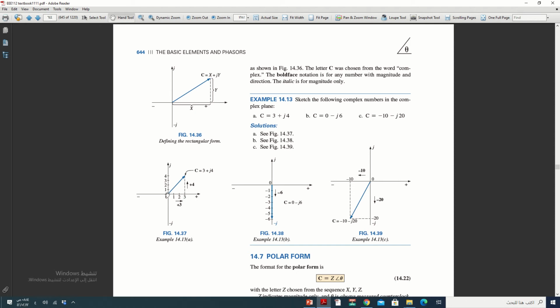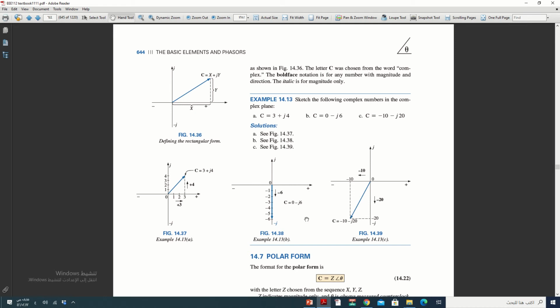Draw from the 0 until you reach the end point of this vector. Similar here, minus j directly without a real number. Here minus 10 in the real axis, and then go minus 20 in the imaginary axis.